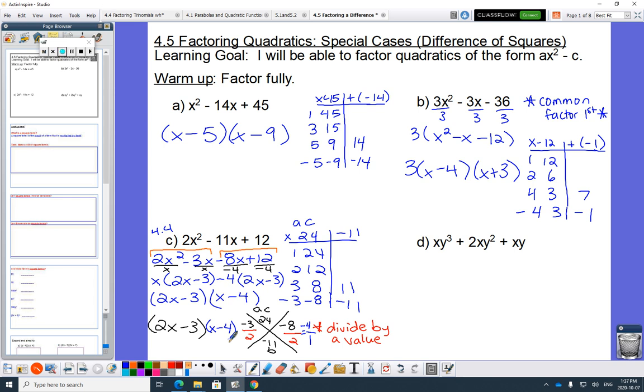Okay, so now this one is wacky, right? There's x cubed, there's y, what's going on? So this, or y cubed, x, this is just a common factor. So you look for the lowest exponent. So we have x and y.